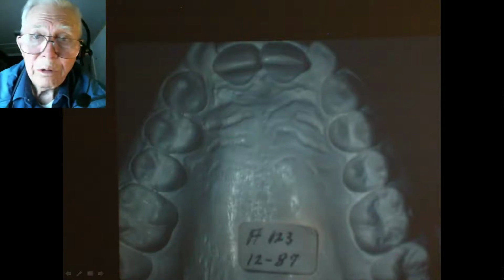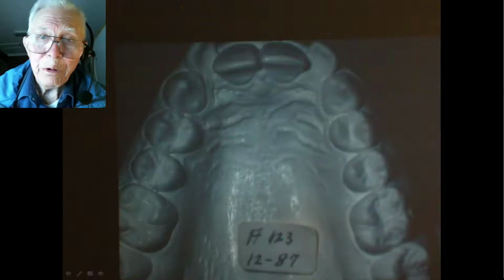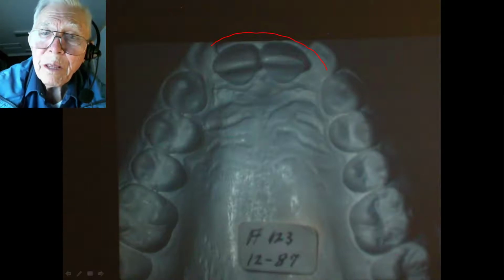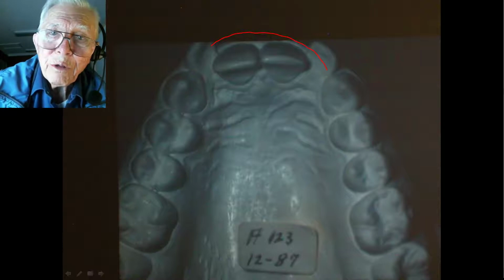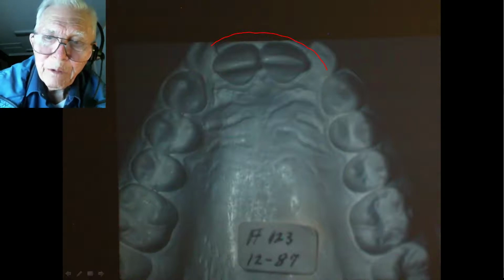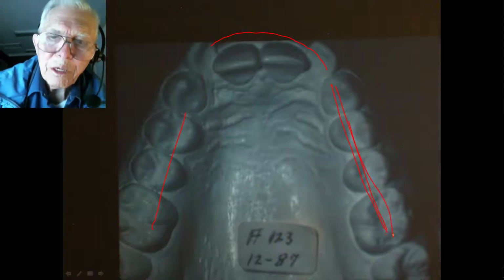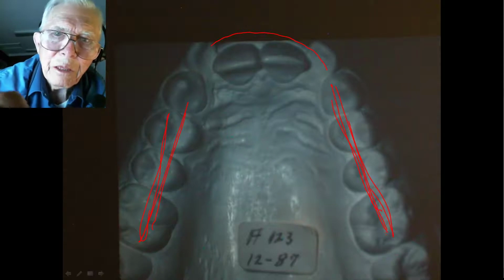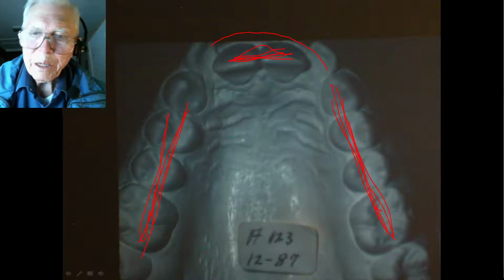I had another international speaker. I went to New York to hear him. Now this lady had teeth sticking way out, and he had to slide her jaw forward to get rid of the pain, and it left a big gap in here, and he crowned all of these teeth because he didn't have any idea that you could intrude these teeth up here and you wouldn't have to do the crowns back here.